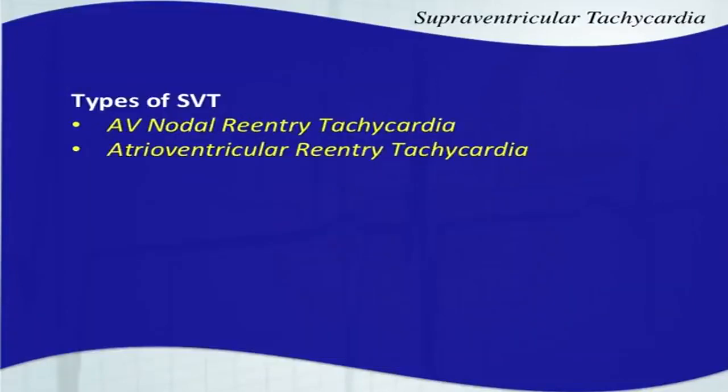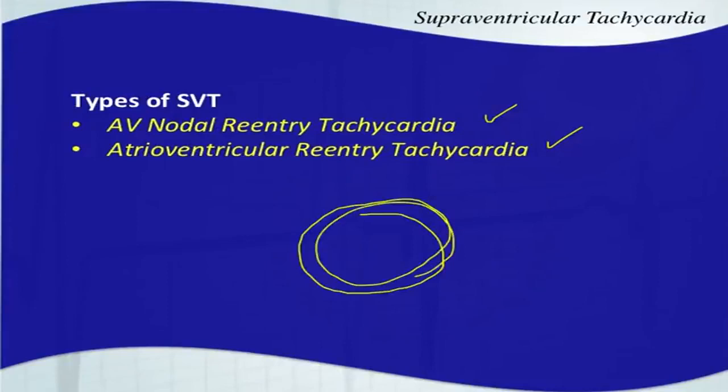So just like I mentioned before, you have AV nodal reentry tachycardia and atrioventricular reentry tachycardia. And again, they're both reentry phenomena. You have this constant reentry going around and around and around because of the pathways within the AV node or between the atria and the ventricles. What's happening is you're just getting this rapid depolarization of cells.